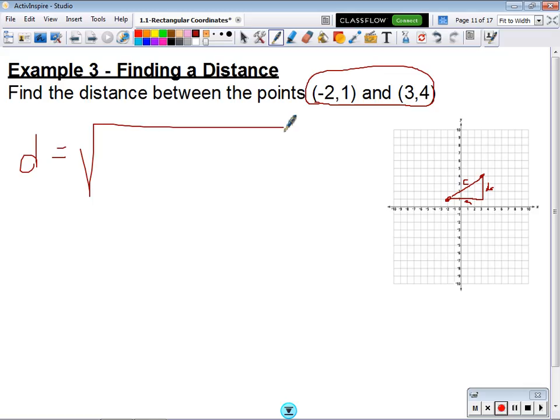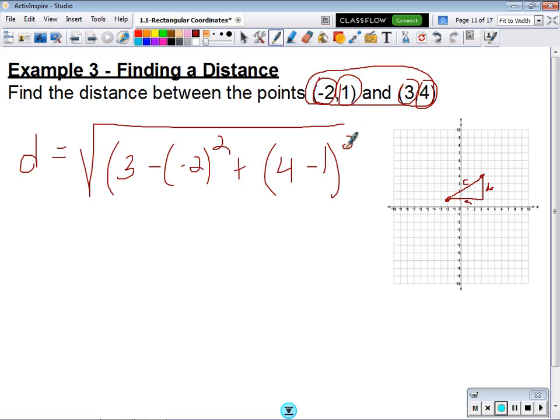This is going to be the square root of x2, which would be 3 here, so 3 minus x1, -2, squared, plus y2, which would be 4, minus y1, which would be 1, squared.